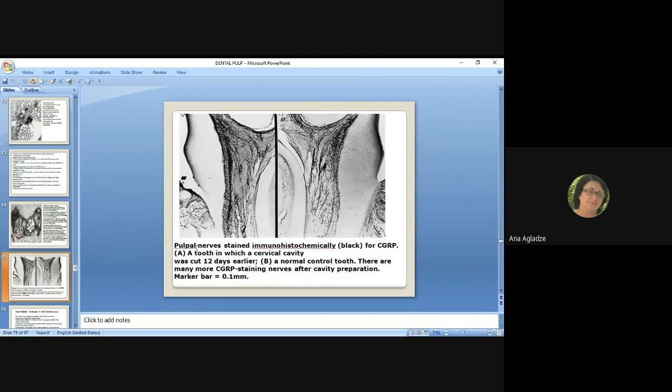Here you can see the distribution, immunohistochemically, of CGRP, calcitonin gene-related peptide. You can see the tooth in which a cervical cavity was prepared earlier, and this is the normal control tooth, and this is the prepared cervical cavity.